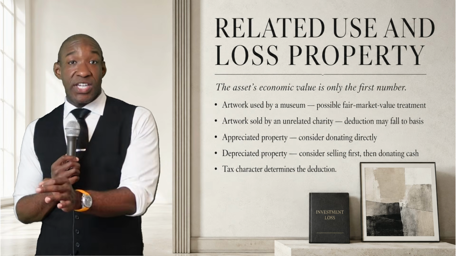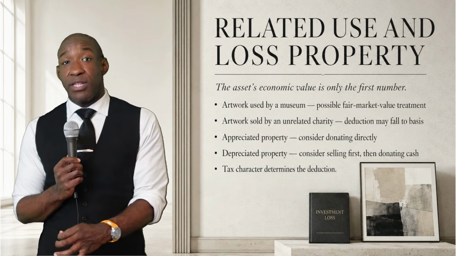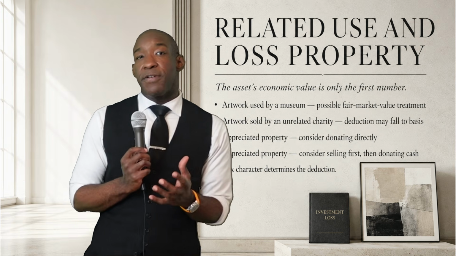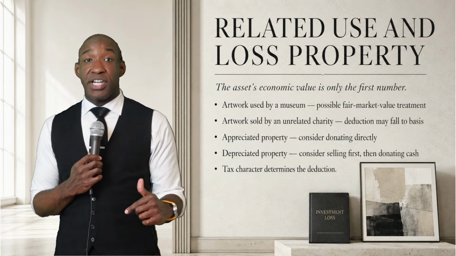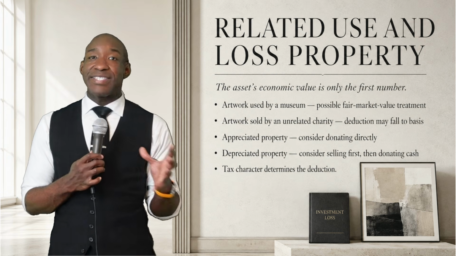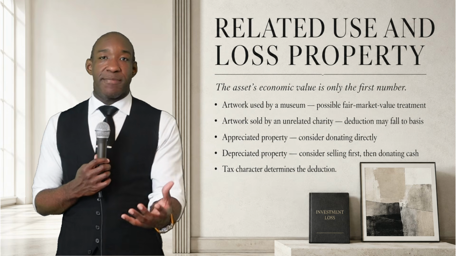A more efficient sequence may be to sell the loss property, recognize the capital loss, and donate the cash proceeds. So the familiar rule of thumb is: donate appreciated property, sell depreciated property and donate cash. That is a planning heuristic, not a substitute for reviewing the complete facts, but it's a strong starting point.